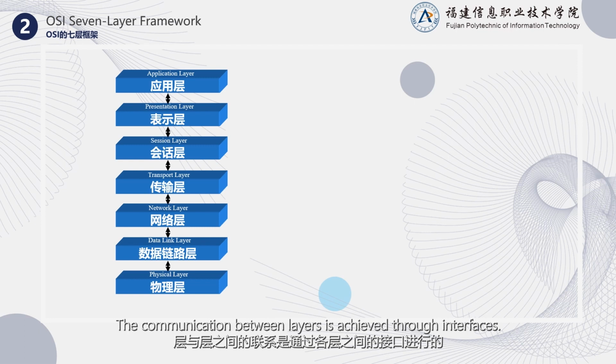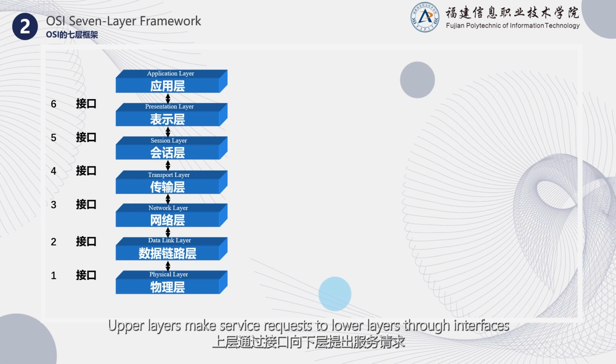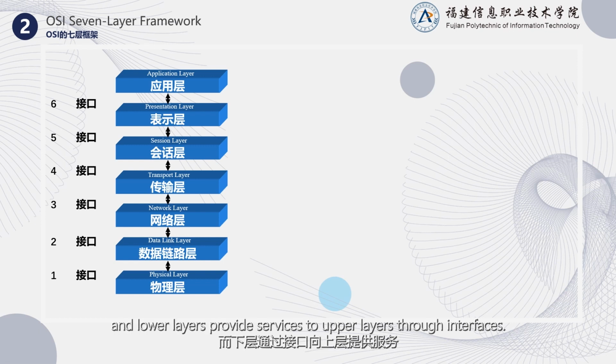The communication between layers is achieved through interfaces. Upper layers make service requests to lower layers through interfaces, and lower layers provide services to upper layers through interfaces.